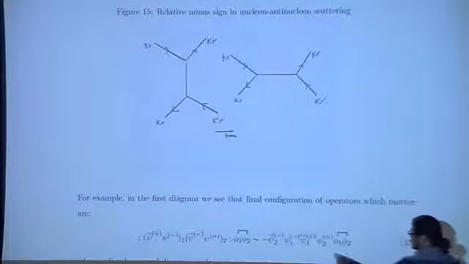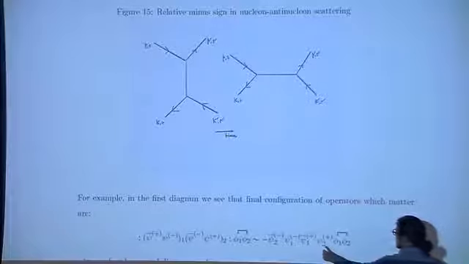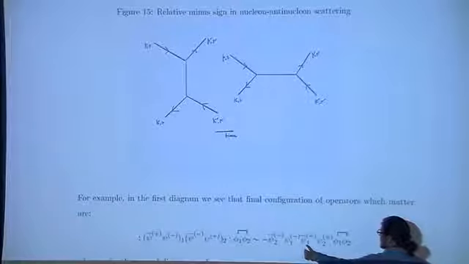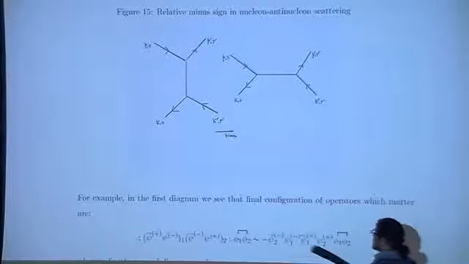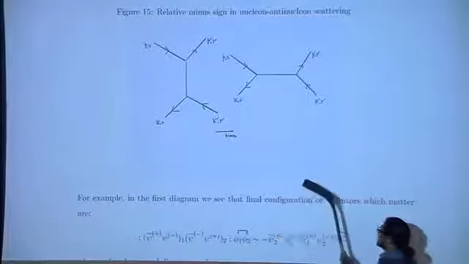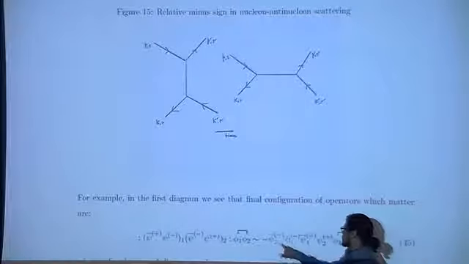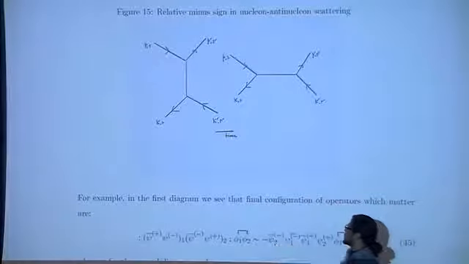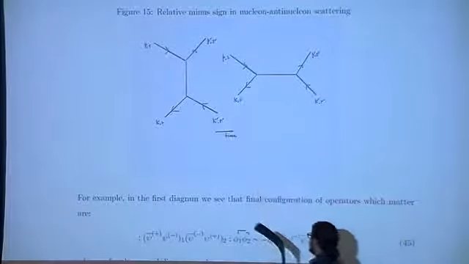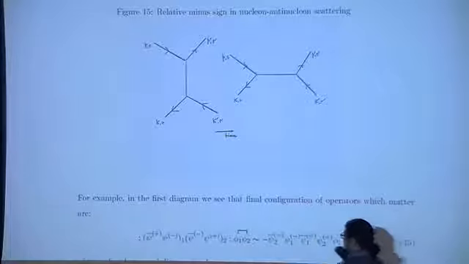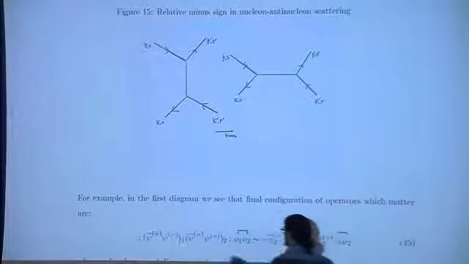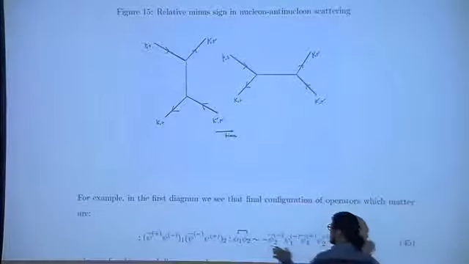You can think of this one as the annihilation operator for the particle, and this one as the annihilation operator for the antiparticle. Whereas these two have the creation operator for an antiparticle and the creation operator for a particle going out. But to get from this arrangement to this arrangement, you have picked up a minus sign.